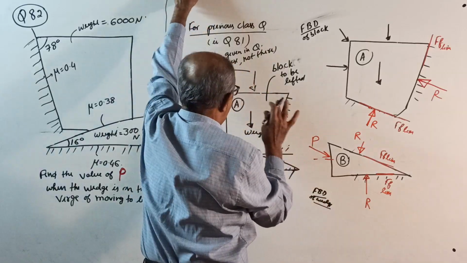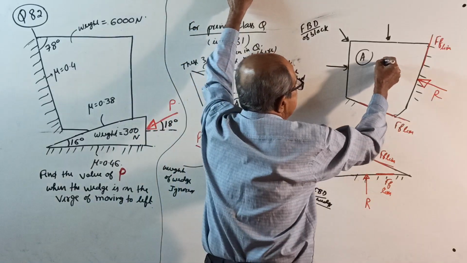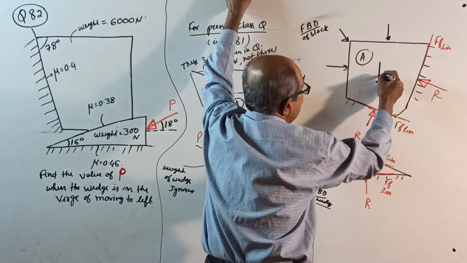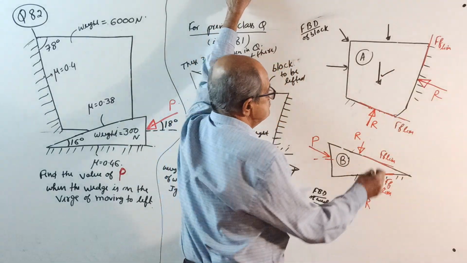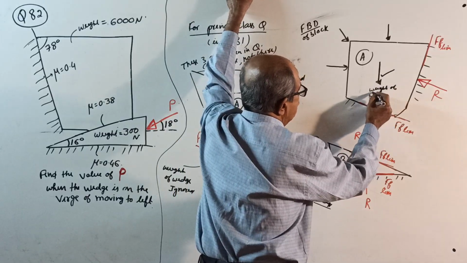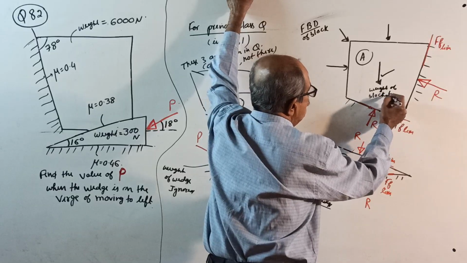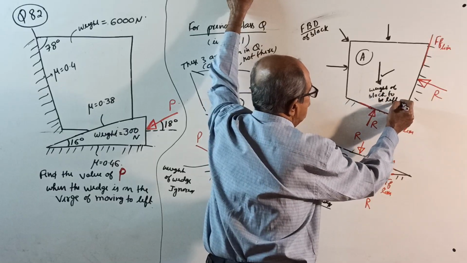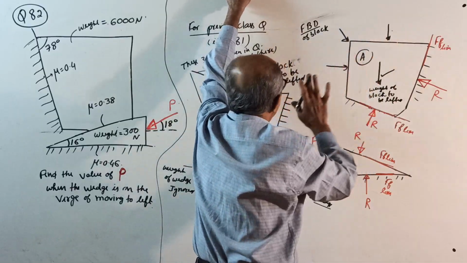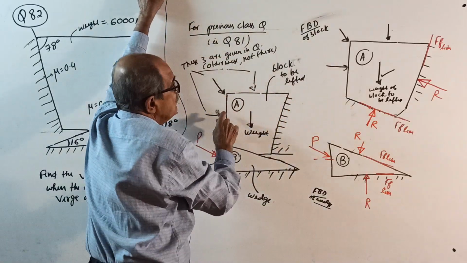Block, last time. This is the weight of the wedge. You write here whatever is the weight of the wedge, and the weight of the block to be lifted. Then these three given in the question are shown right here; otherwise they are not there.